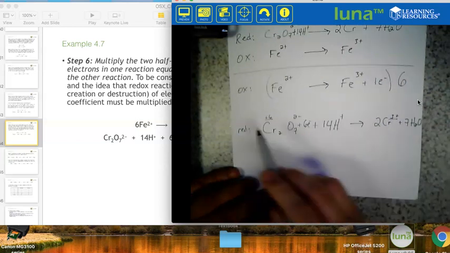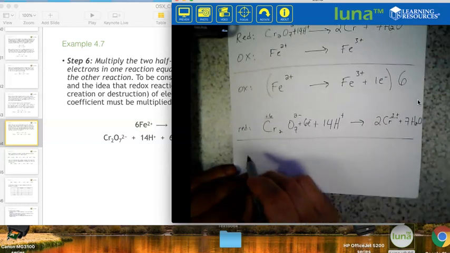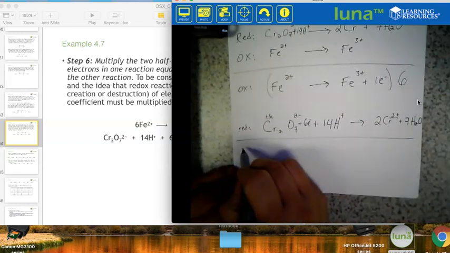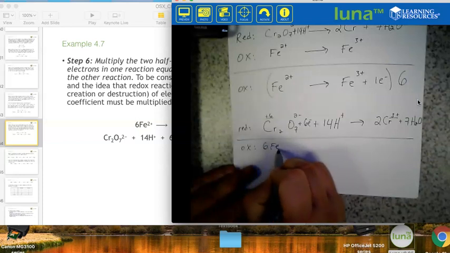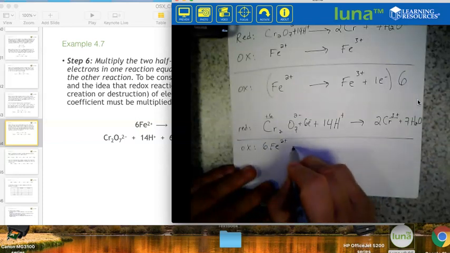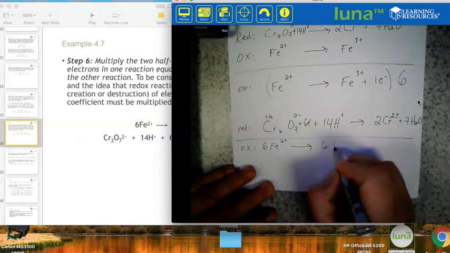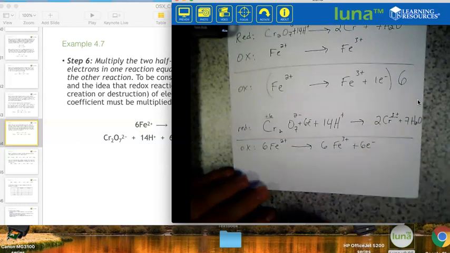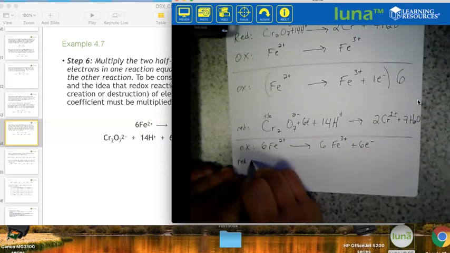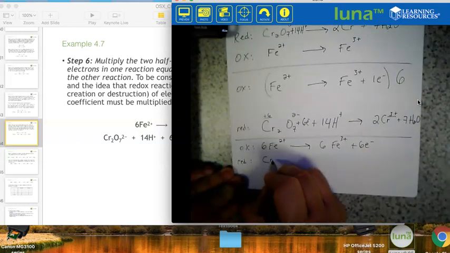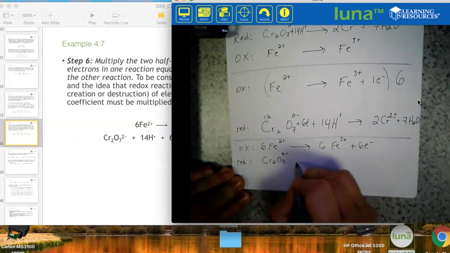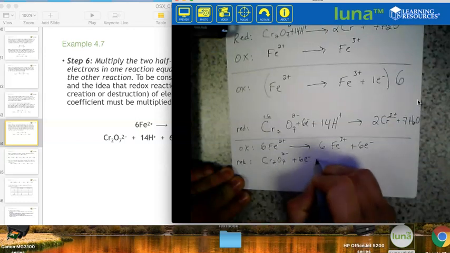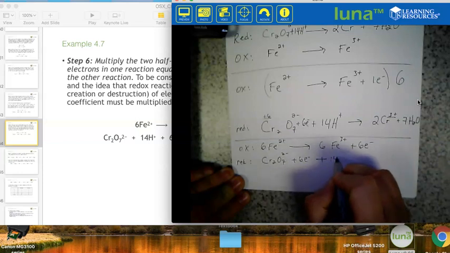So I have to rewrite this reaction now. My oxidized species is 6 times iron 2 plus, so 6 Fe2+ gives 6 Fe3+ plus 6 electrons. Then my reduced reaction doesn't change, so I just rewrite what was there initially, with 14 H plus.